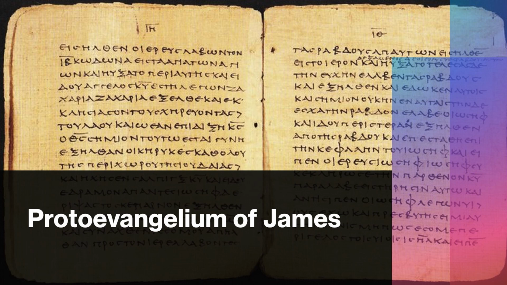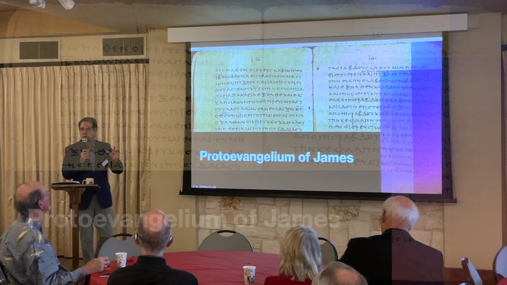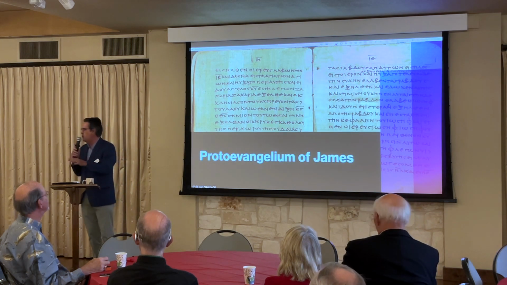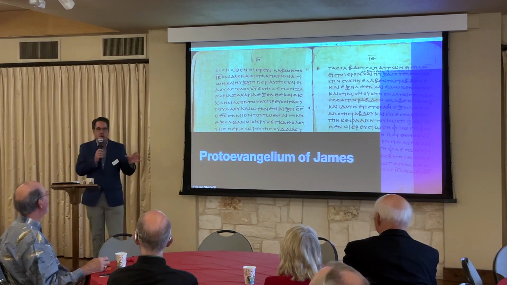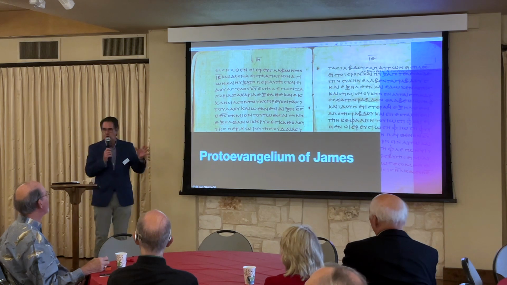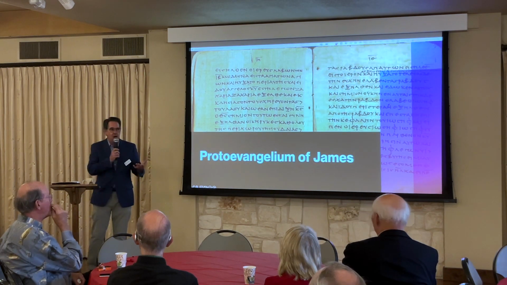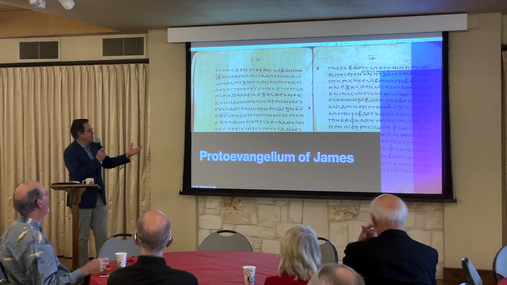This was a text that was written in the mid-2nd century, around 140 years after the birth of Christ. It's attributed to James, who is believed to be the brother of Christ in some traditions.